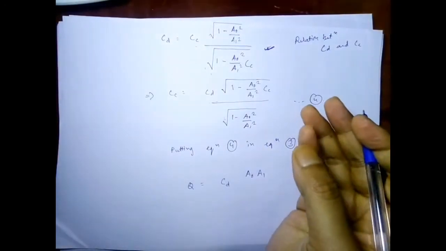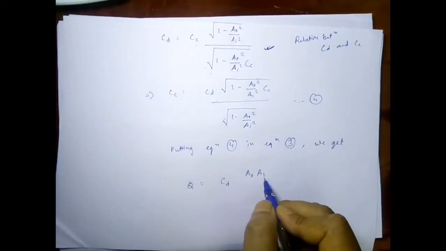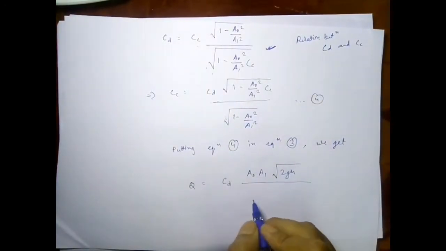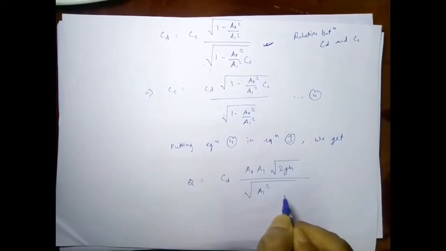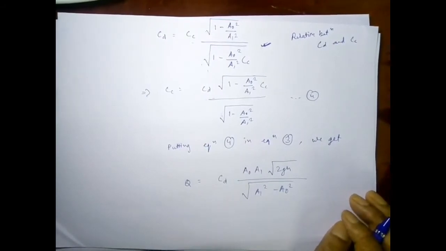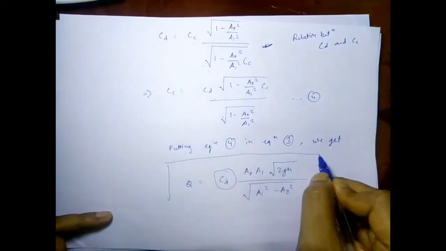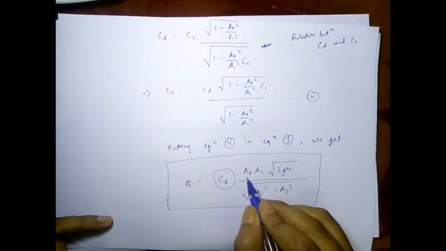We put the value of CC from equation 4 in equation 3, and it will be A0 A1 times root 2gh upon square root of A1 square minus A0 square. So CD is the coefficient of discharge for the orifice meter, this is the discharge through the orifice meter, and A0 is the area of the orifice.